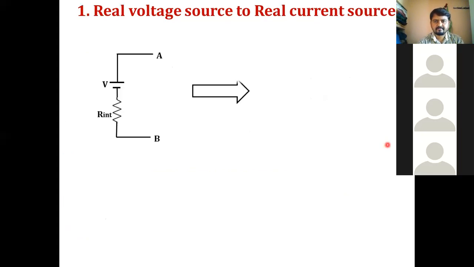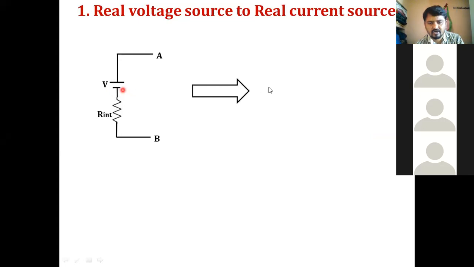Next line. So you can convert the real voltage source to a real current source. How can we write it here? See here, this is also a voltage source only. We are going to consider a battery supply. The bigger line is positive and the smaller line is negative. Already you know this very well. So this is the voltage source.